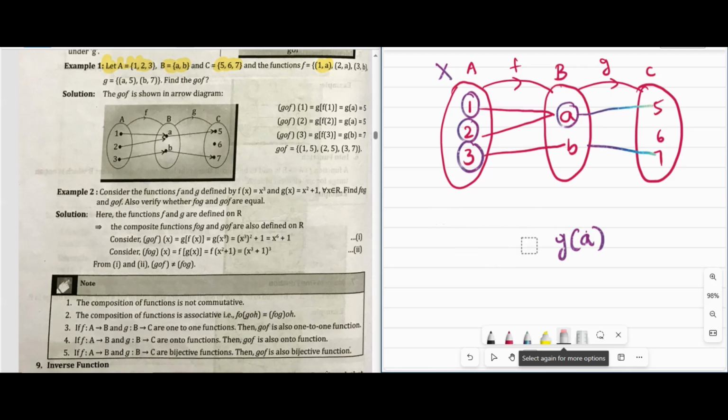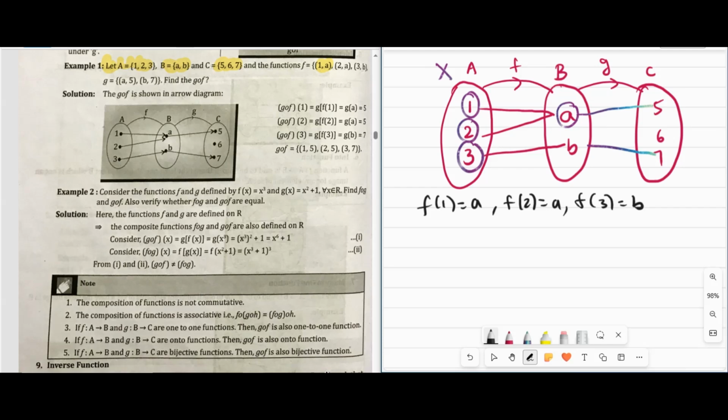Here we can write f of 1 equals a, f of 2 equals a, f of 3 equals b. Then g of a equals 5, g of b equals 7. Now we have to find gof of x. So gof means g of f of x.